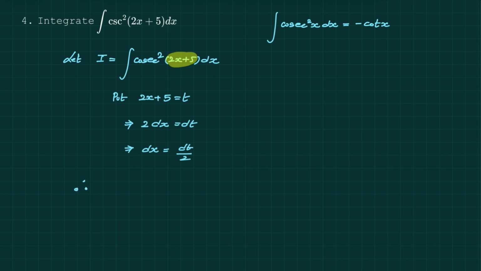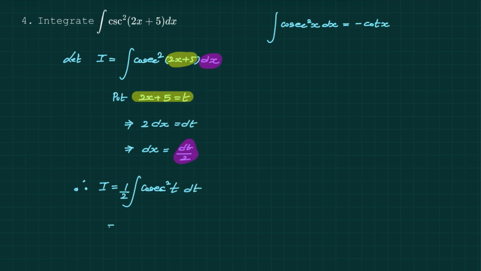Therefore my integral I will be integration of cosec square t, and the value of dx is dt over 2. Let us bring 1 by 2 outside.